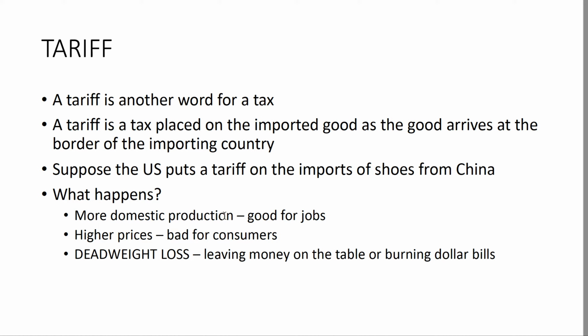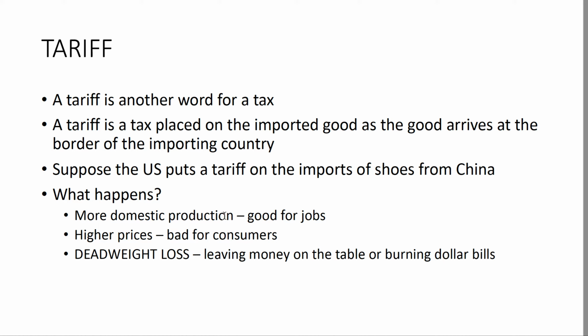Well, we get more domestic production, good for jobs. We get higher prices, that's bad for consumers. It's also bad for the Chinese producers because now the demand goes down in the US, and so there's less to export. And there's also deadweight loss. We're going to leave money on the table, or we're essentially burning dollar bills because we are artificially restricting trade with this tariff.